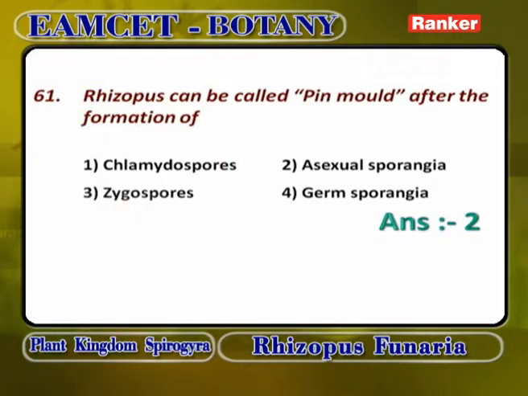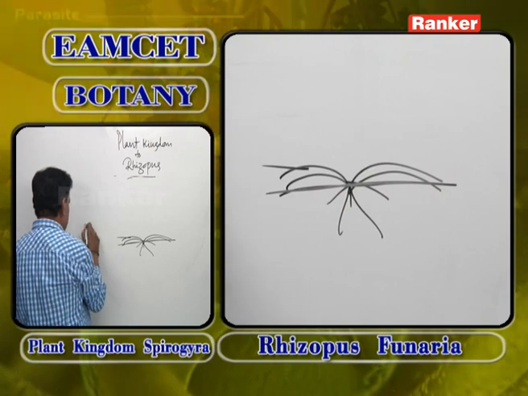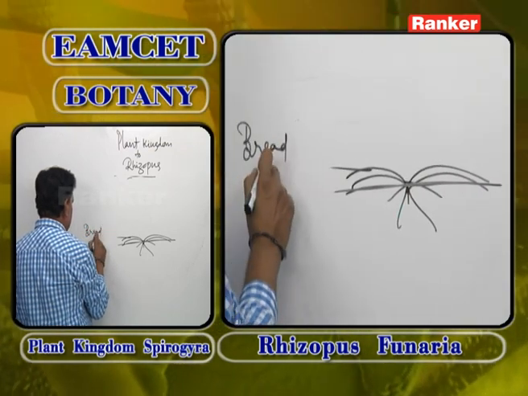Rhizopus can be called pin mold after the formation of... When Rhizopus is growing like stolons above the medium like a white cottony mass, then it is called bread mold.